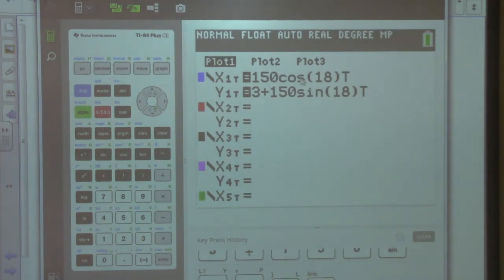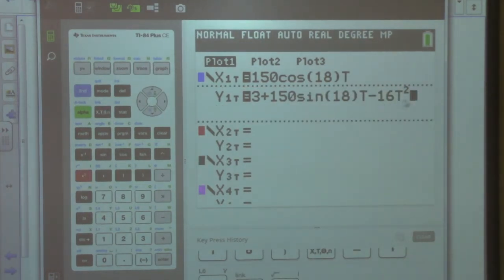And when it comes to the effect of gravity on this planet, we're going to have negative 16t squared. Gravity does vary a little bit throughout the Earth, depending on elevation and other factors, but it's within a very narrow tolerance for where human beings, animals, and plant life exist.